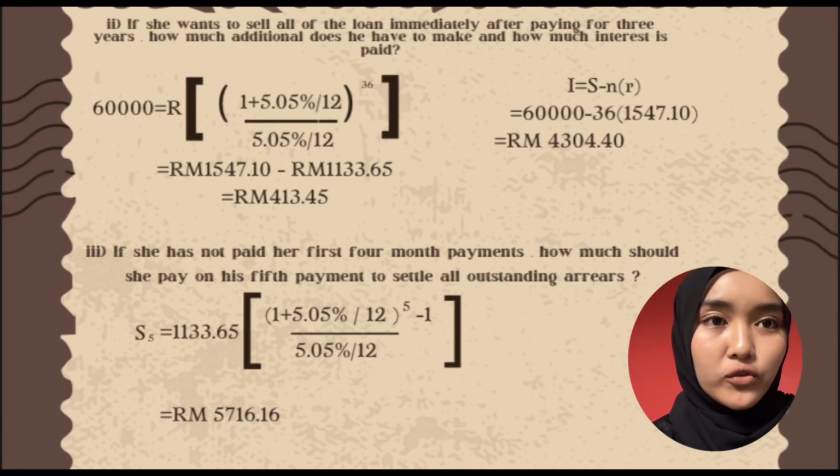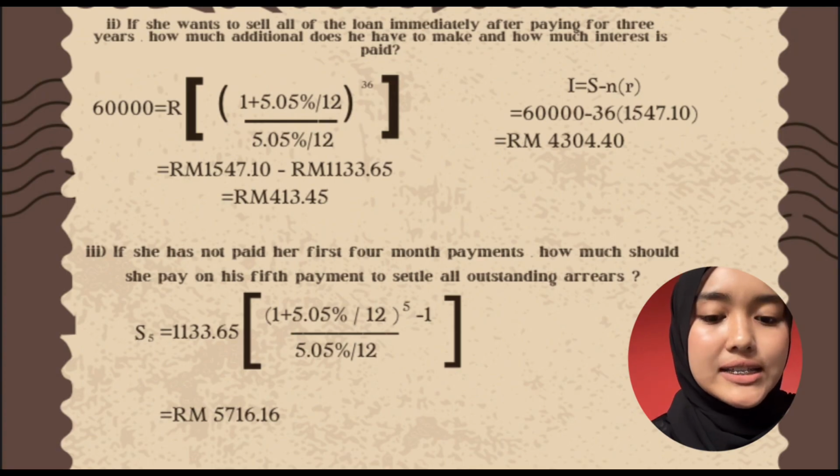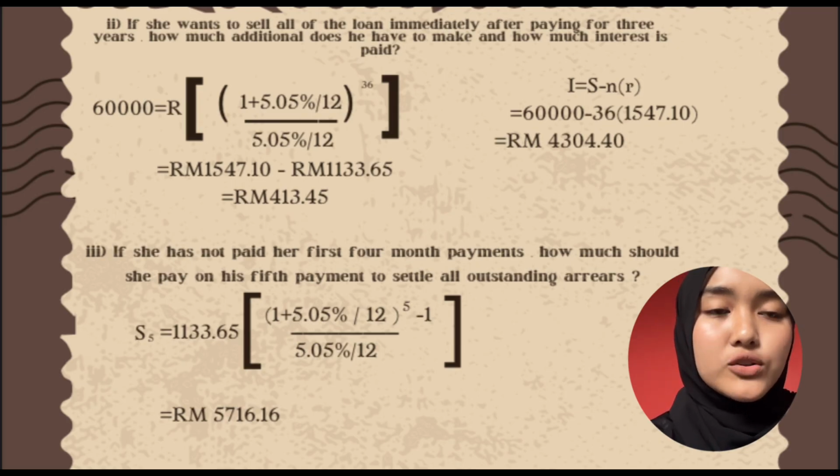Use the future value formula. Fill all the numbers in the formula. We got the answer 1,547.10, and we want to know how much the additional is. So 1,547.10 minus 1,133.65 equals 413.45.